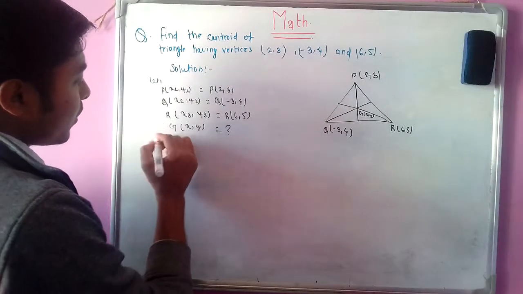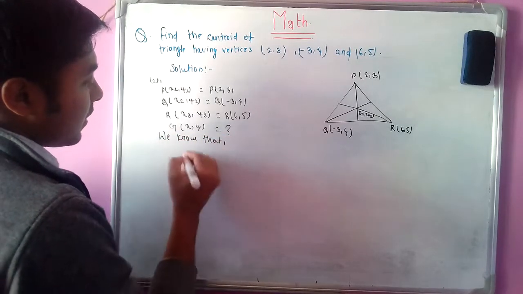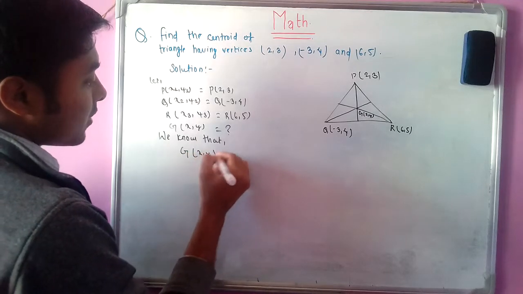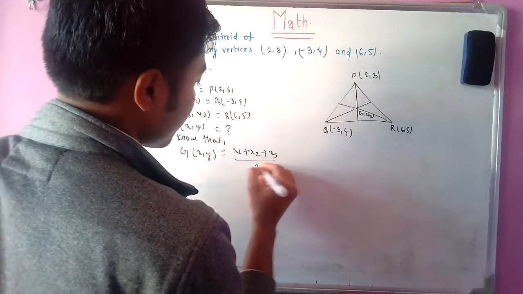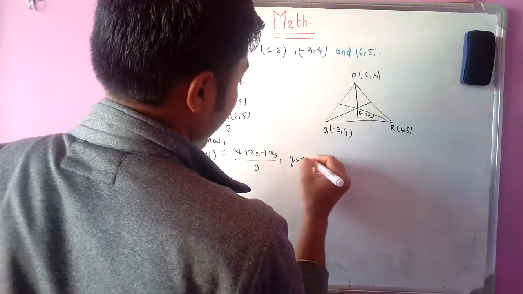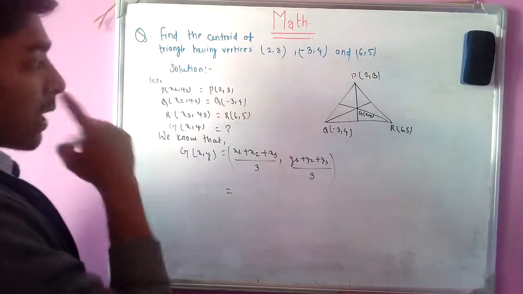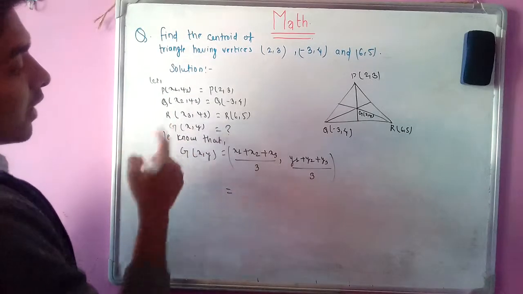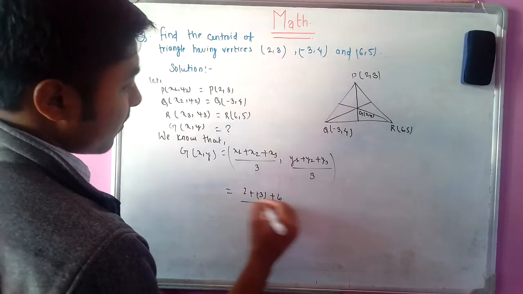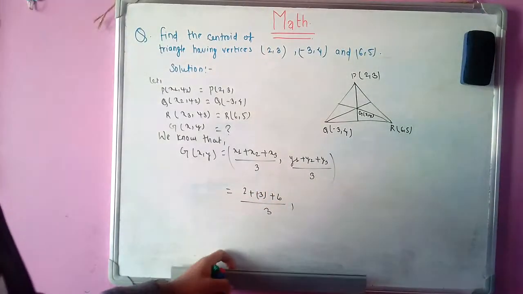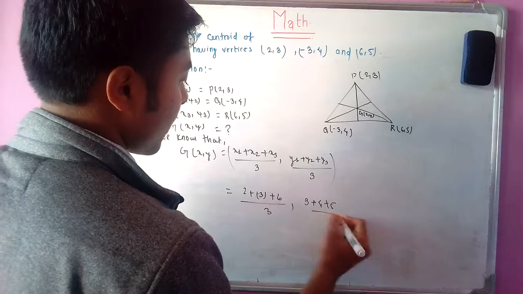So now we know that the centroid G(x, y) is equal to x1 plus x2 plus x3 by 3, and y1 plus y2 plus y3 by 3. So now x1, x2, x3 is 2 plus minus 3 plus 6 by 3, and y1, y2, y3 is 3 plus 4 plus 5 by 3.